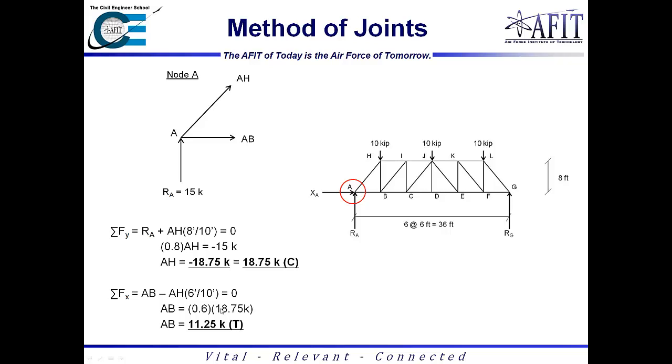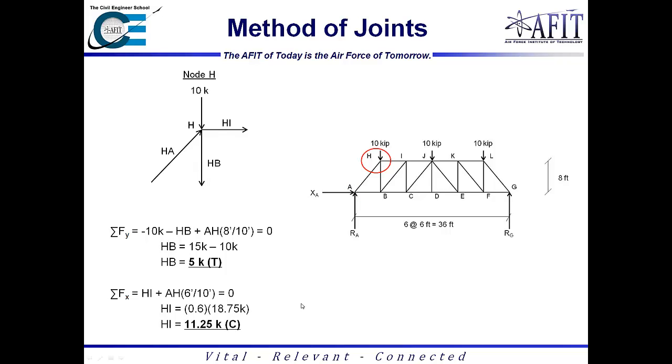It's up to you to decide how you want to do it. However, this time I chose to make this negative and insert it as a positive force. But however you do it, just make sure you keep your signs straight, because otherwise it'll completely change whether a member is in tension or compression.